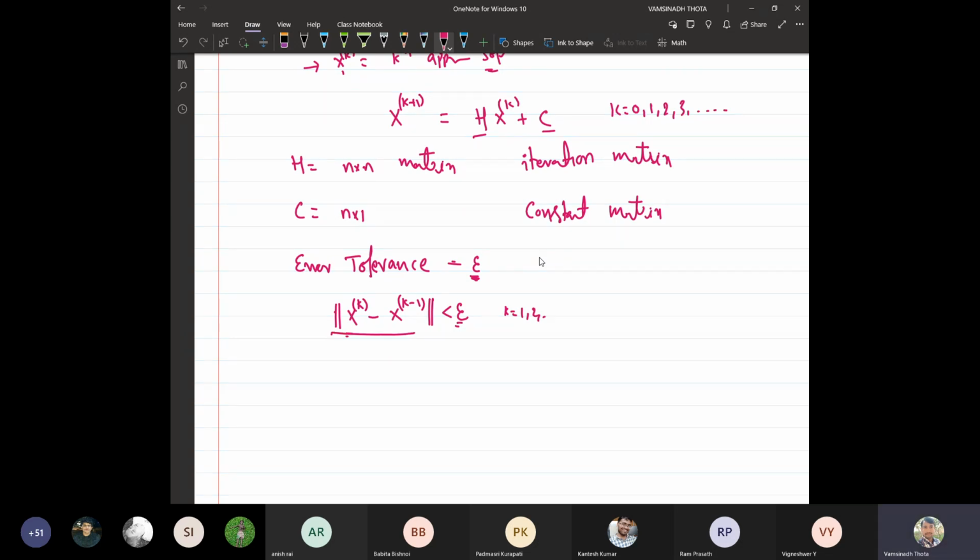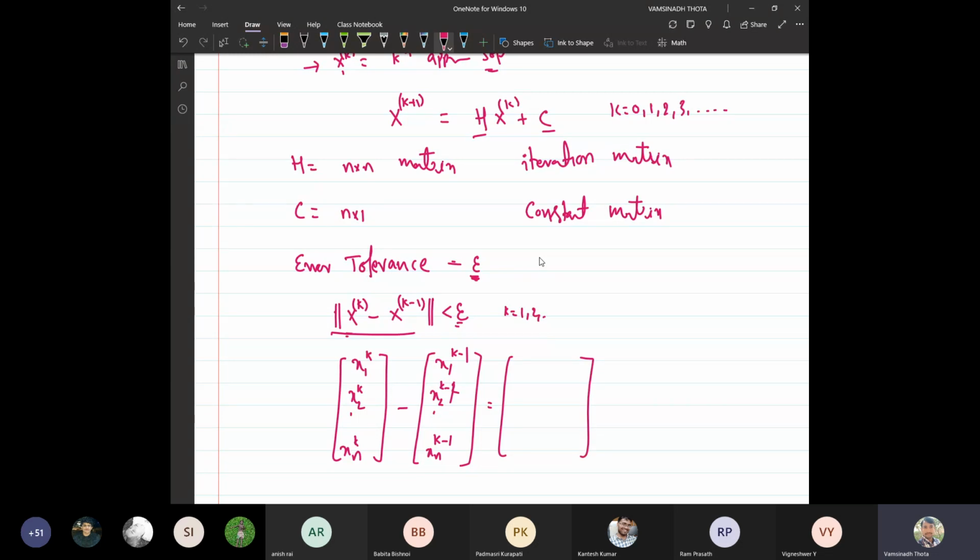Now, suppose in the kth iteration we have x_k1, x_k2, and so on up to x_kn, minus x_(k-1)1, x_(k-1)2, and so on up to x_(k-1)n. Doing the subtraction component-wise, the first component is x_k1 minus x_(k-1)1, the second is x_k2 minus x_(k-1)2, and the nth is x_kn minus x_(k-1)n.